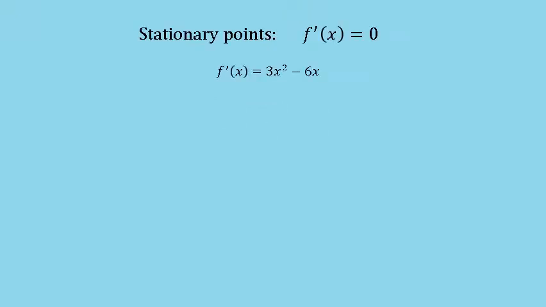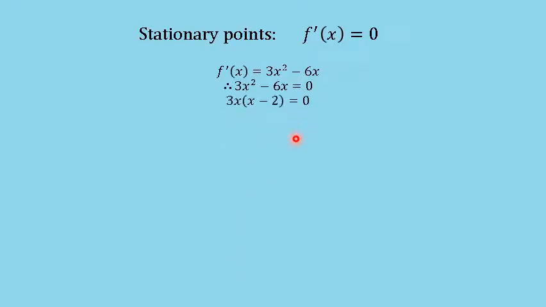Now we determine the stationary points. And how do we determine the stationary points? I said you differentiate the function and then you let it be equal to 0. Therefore we have f'(x) = 3x^2 - 6x. And then we let this be equal to 0 and we solve for x.